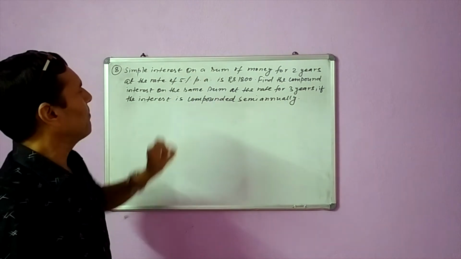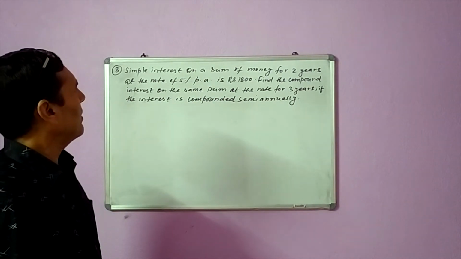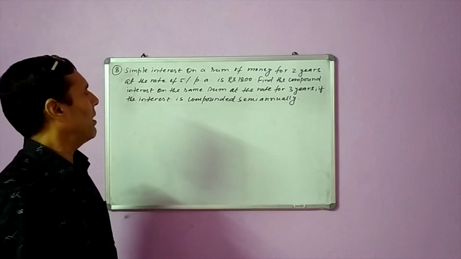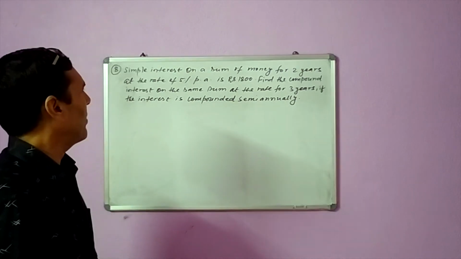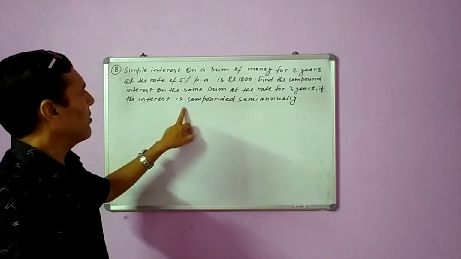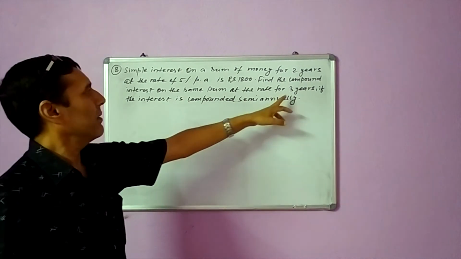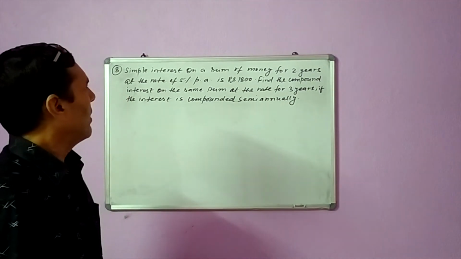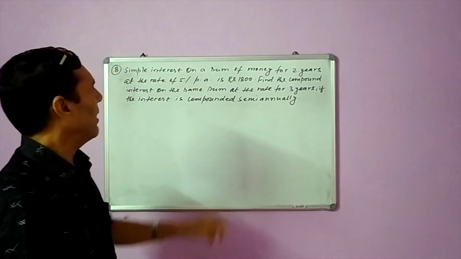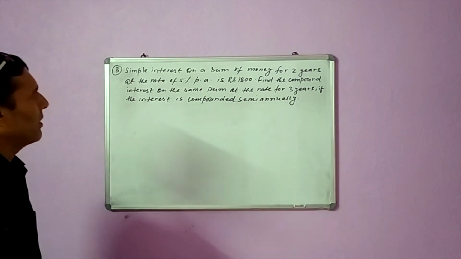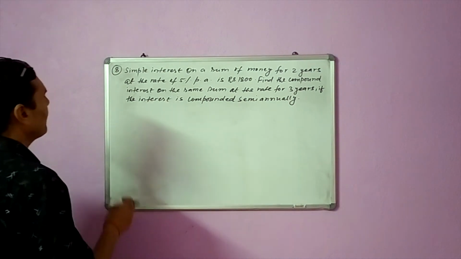So finding the principal from the first part, we use the same principal in the second part to find the compound interest compounded semi-annually by taking time 3 years and same rate of interest 5%. So we start like this.